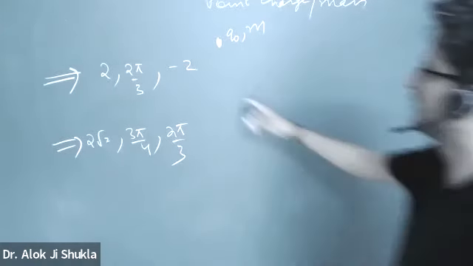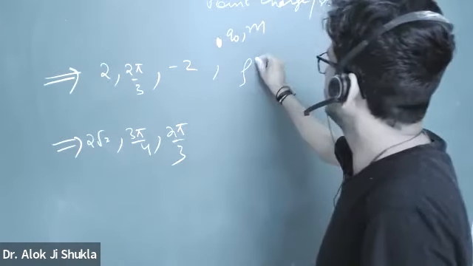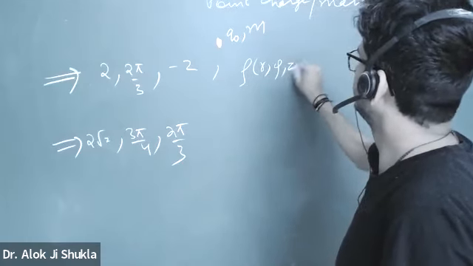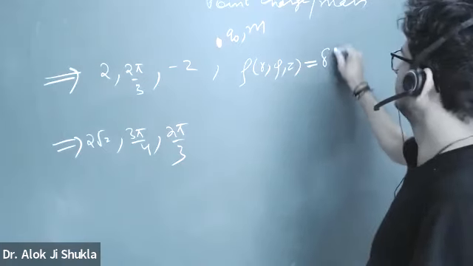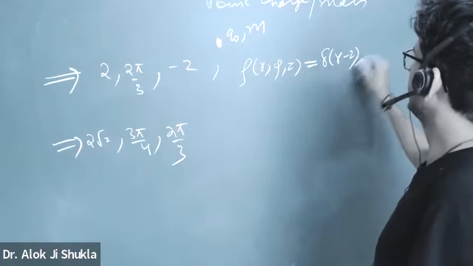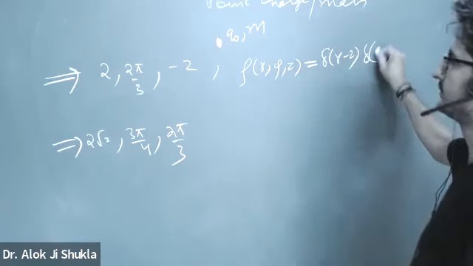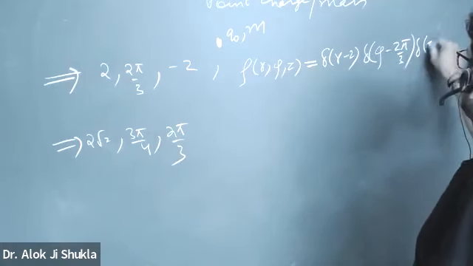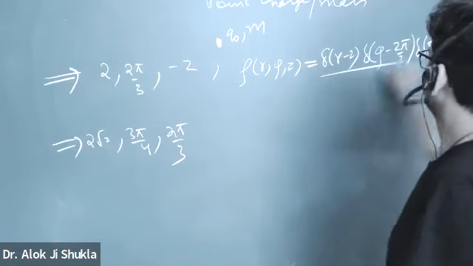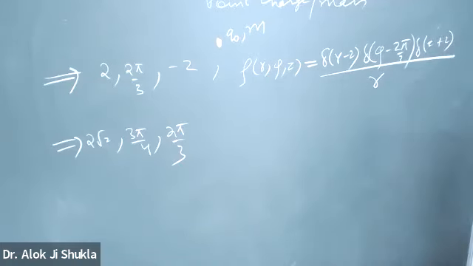So पहले यहाँ वाली बताओ. Rho को कैसे लिखूं? R phi z को? It will be delta R minus 2, delta phi minus pi by 3, delta z plus 2, upon R. Yes, sir.